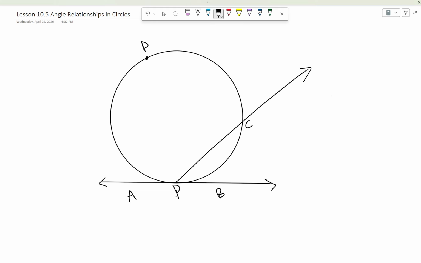Okay. So what we refer to this as is the relationship secant tangent. This is secant tangent where the intersection is on the circle right here at P. Okay. Where the intersection of the secant tangent is on the circle.